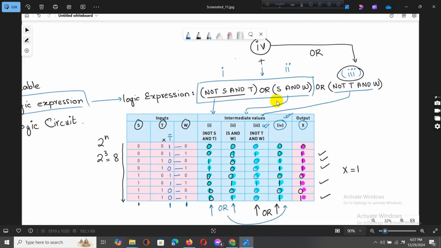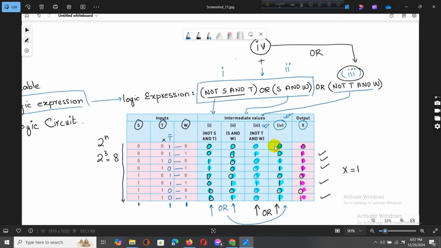Now we have to join the results of these two expressions with the third expression. We can name it as the fourth column.